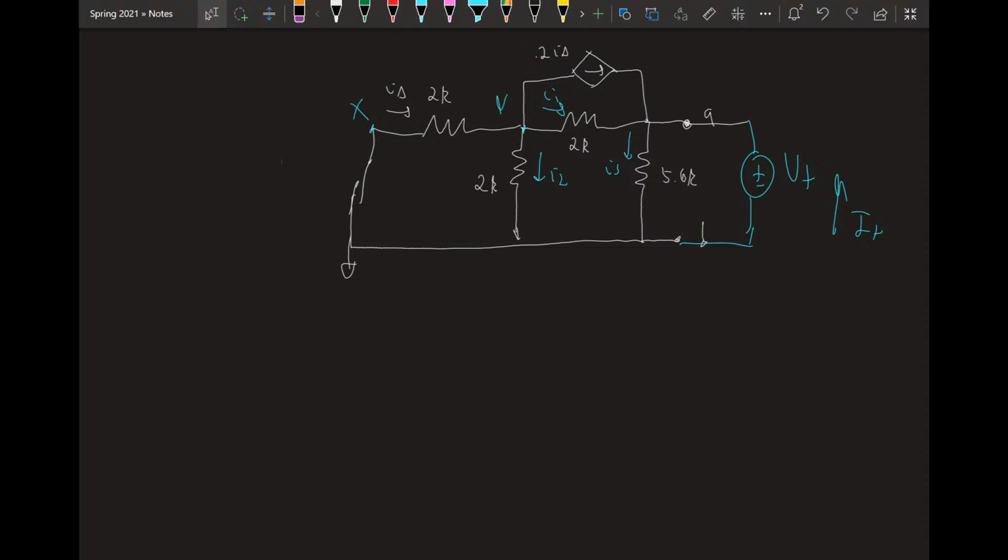Go straight to the voltage step, since at this point we should know it. Minus Vy over 2000, right? This is I2. And then I1 is Vy minus Va, and Va is V test, over 2000. This is 0.2 times I delta, which we solved for in the first expression. Right? There's Vy.